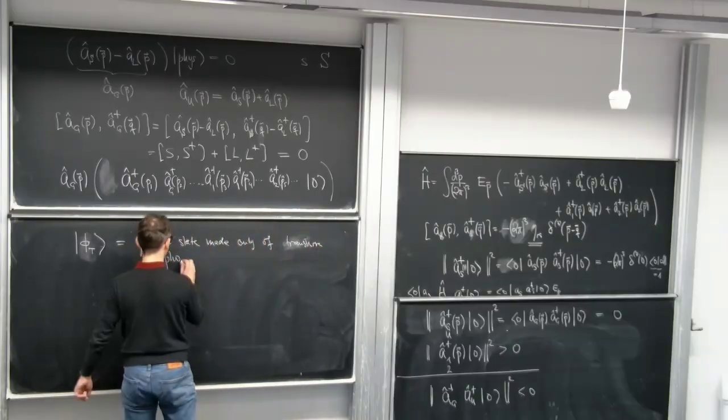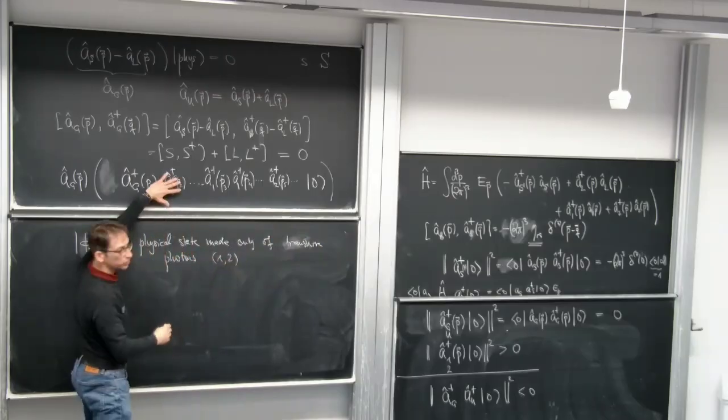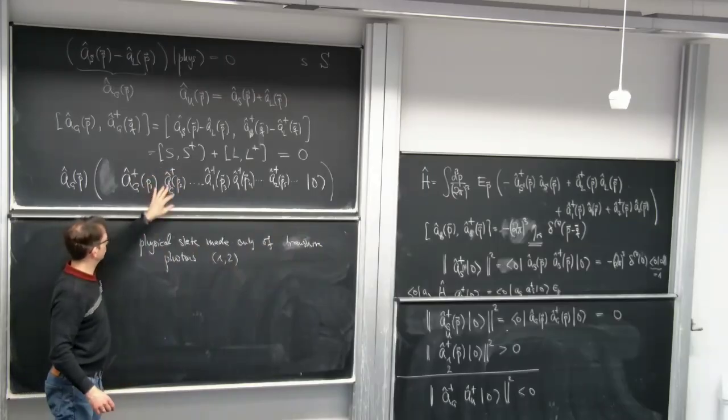That's this polarization of photons. So it's 1 and 2, but they don't have any G's. Physical says there's no U anyway, and so on.